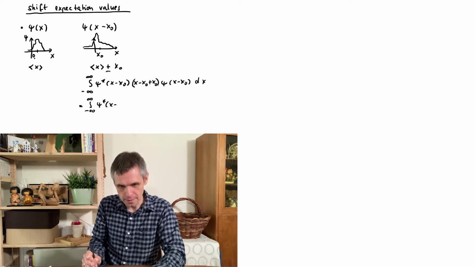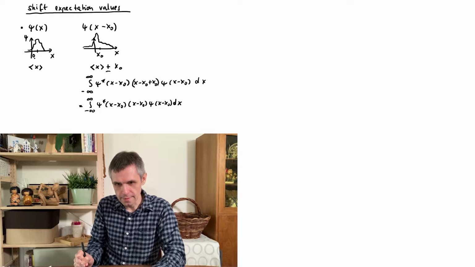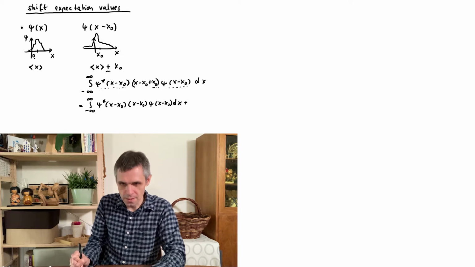One which looks like this, and another one where x0 is just multiplied by the wave functions here, which is just related to our normalization integral, because x0 is a constant, so we can pull it to the front.